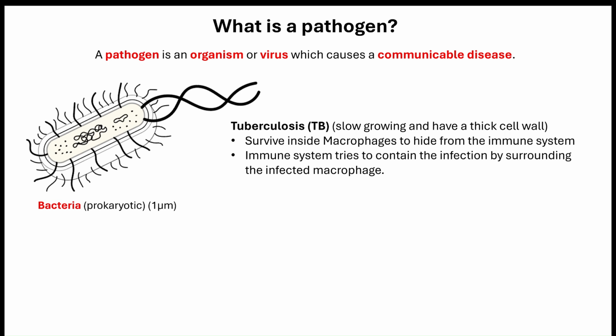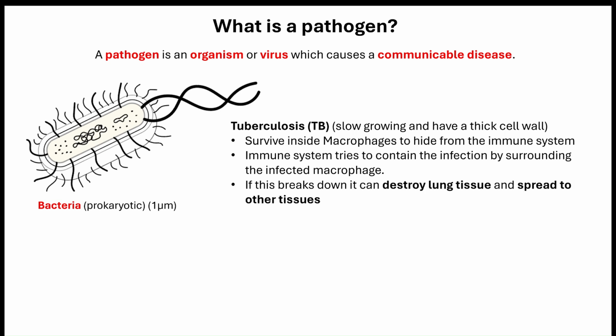The immune system is really fascinating, and what it does is it tries to contain the infection by surrounding the infected macrophage. But what tends to happen is if this breaks down, it can actually destroy lung tissue and then spread to other tissues. So it is a slow growing pathogen, but it can spread if it is active.